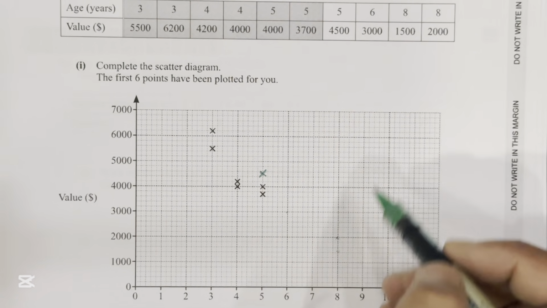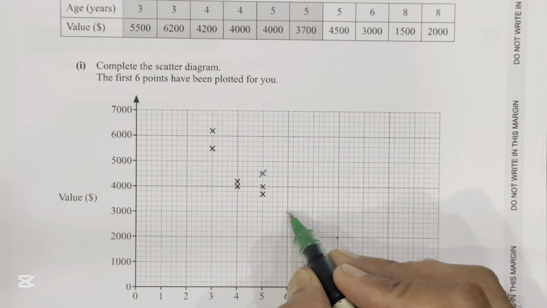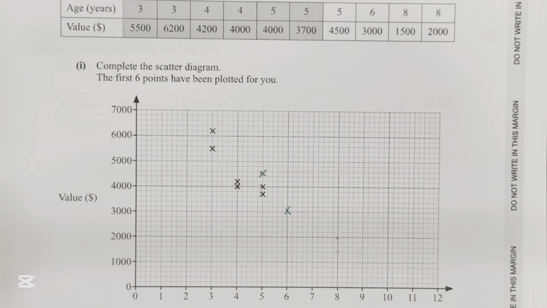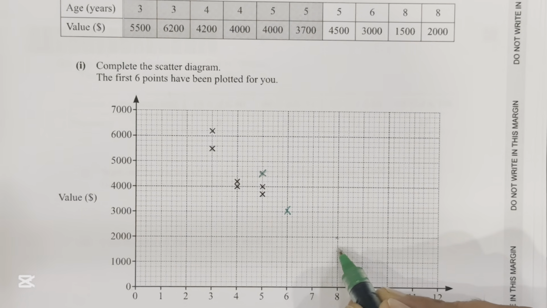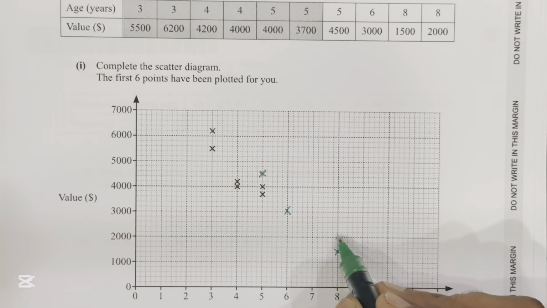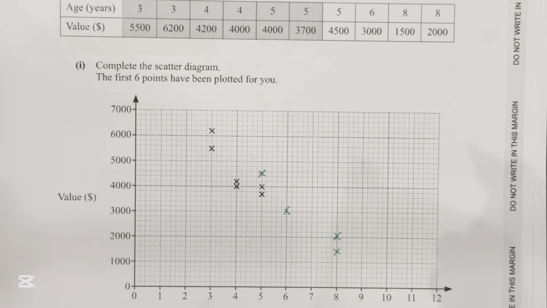So at 6 we have to plot this value. Okay, now at 8 there are 2 values, 1500 and 2000. So at 8, 1500 would be between 1000 and 2000, and at 8, 2000 will be at the fixed points.